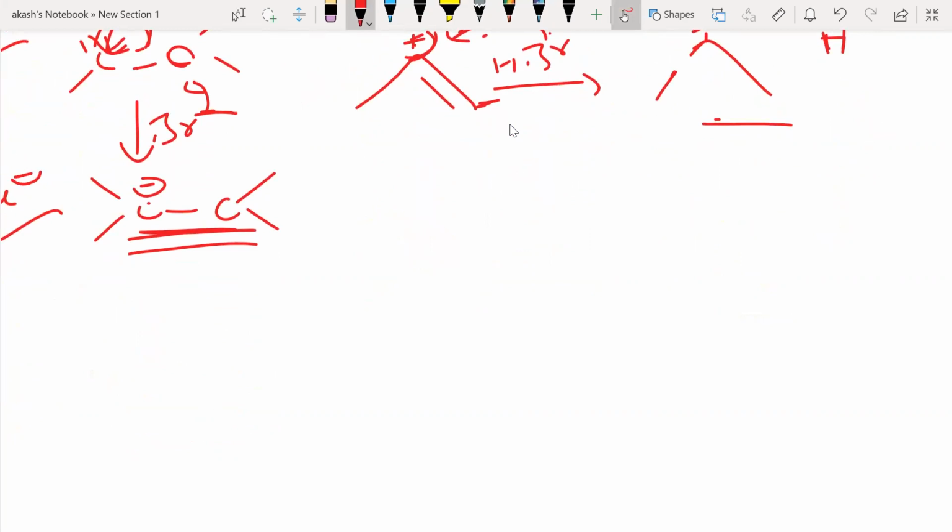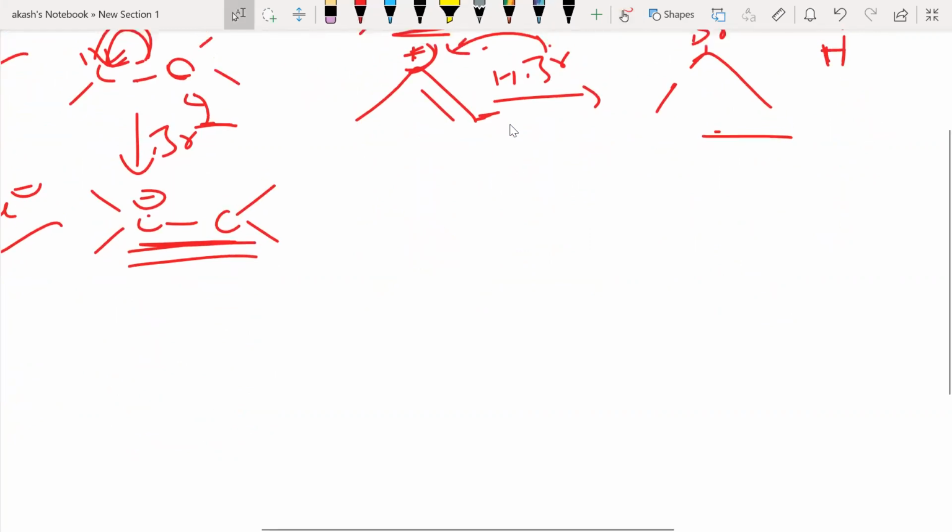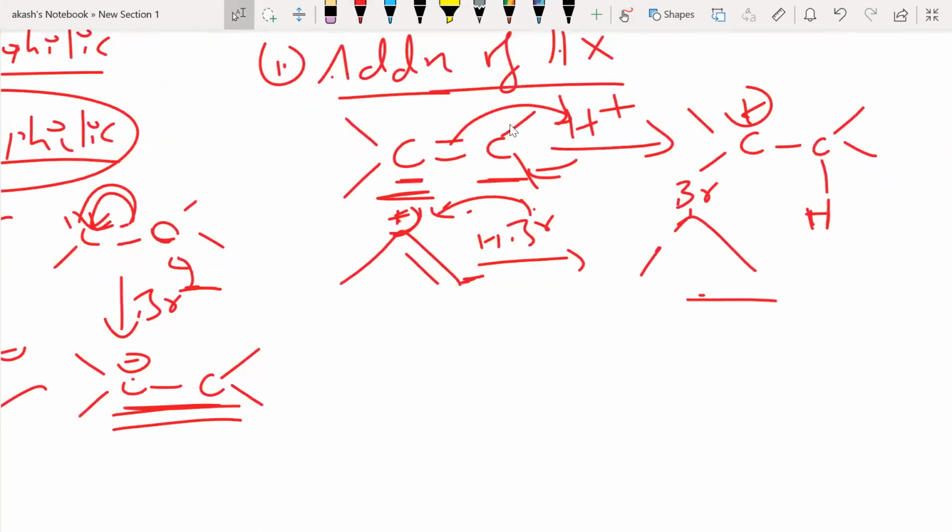Sir, why is it that the carbon with the lesser amount of hydrogens is considered, like the bond is moving? I mean, the positive charge is going towards that. So basically in chemistry, even though we have protons and electrons, what we assume is that electrons are the ones which are actually moving inside the atom.